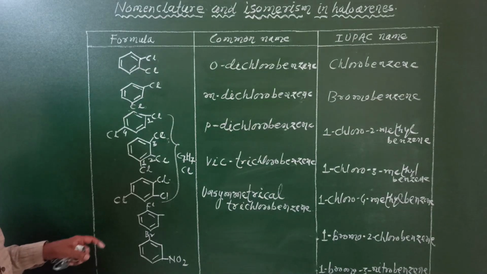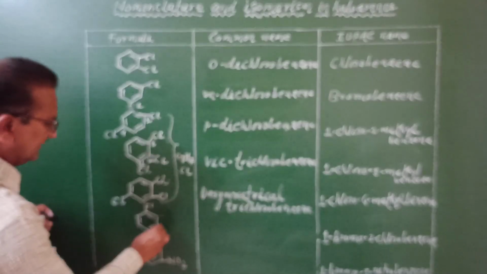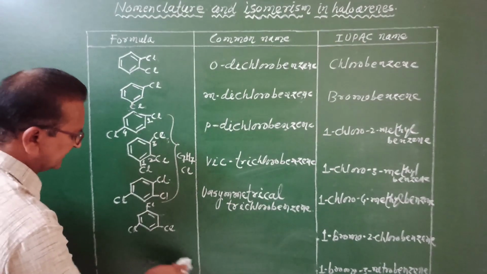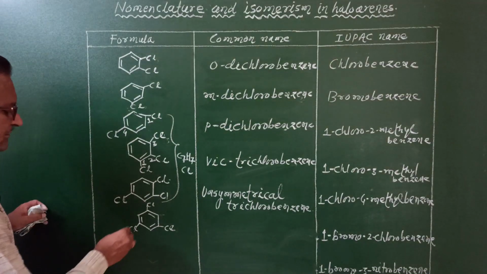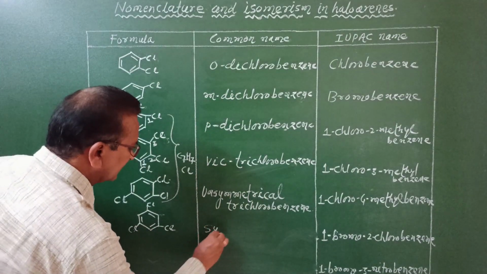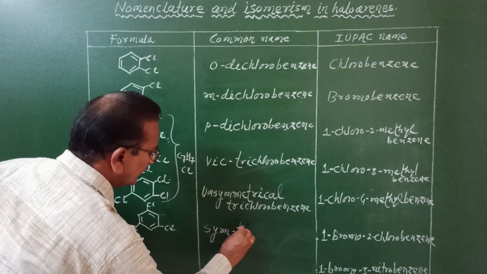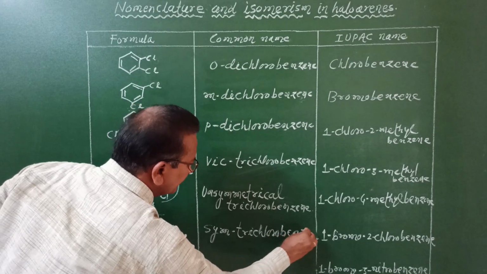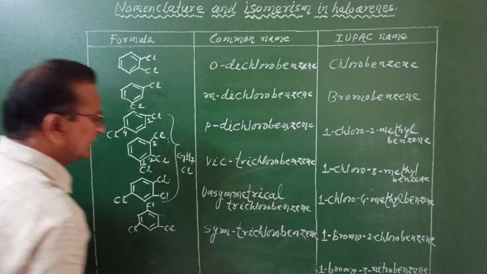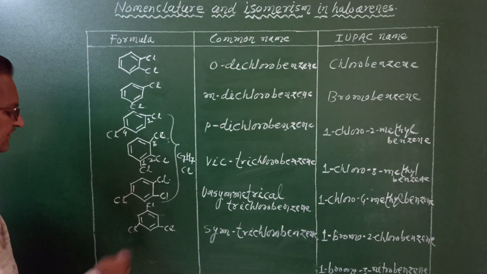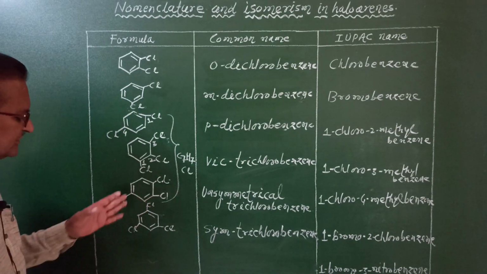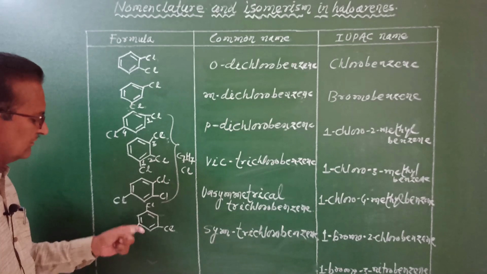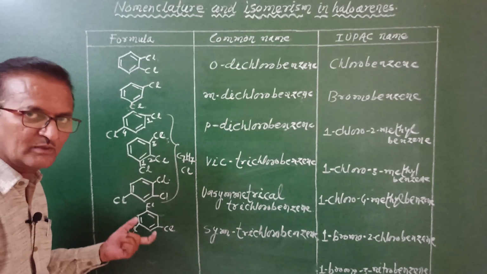Very simple. And if the chlorine atoms are at equal distance from each other, then this is referred to as symmetrical trichlorobenzene, because this compound possesses a plane of symmetry, a plane which divides the molecule into two symmetrical halves or equal parts.